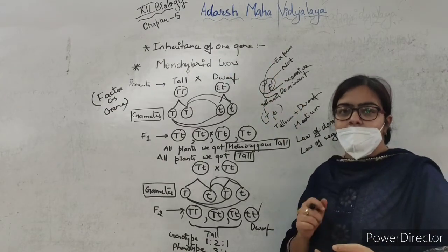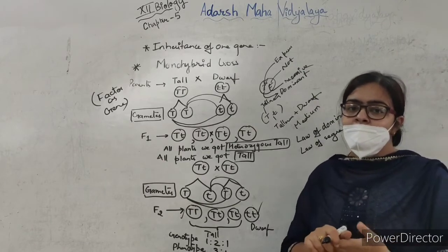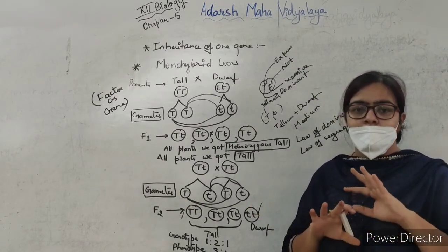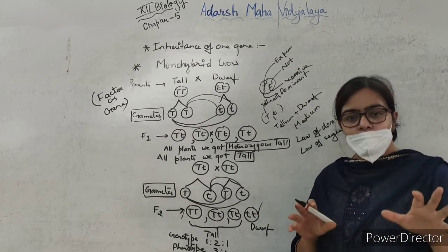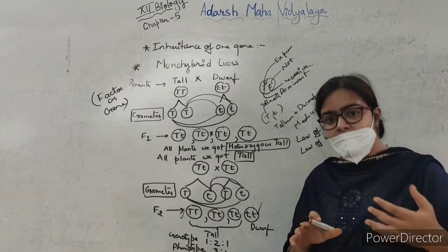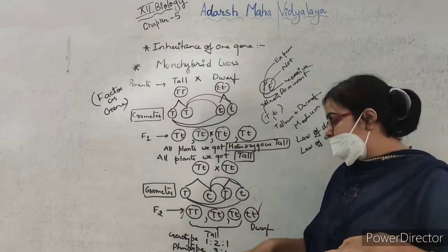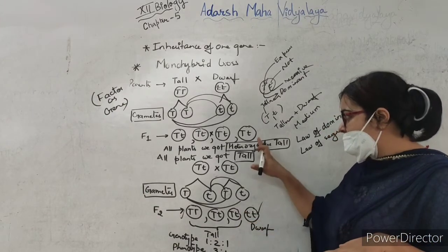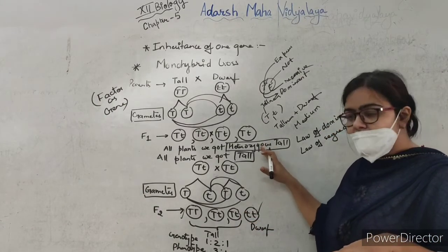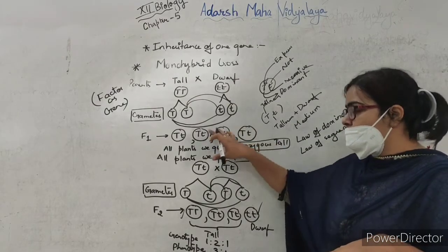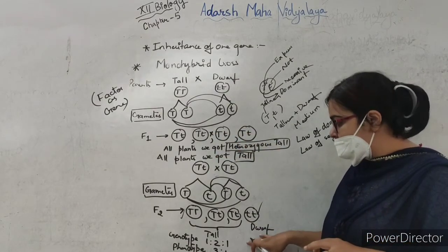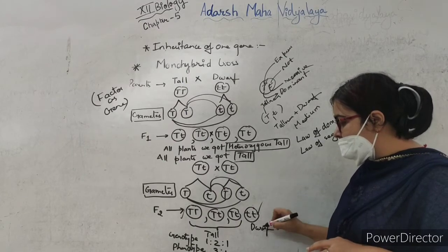So in law of segregation, Mendel said that the alleles do not show any blending and that both of the characters are recovered as in the F2 generation, though one of these is not seen at the F1 generation. Here you were not able to find any dwarf plant, still at the F2 generation you were able to get the dwarf plant.